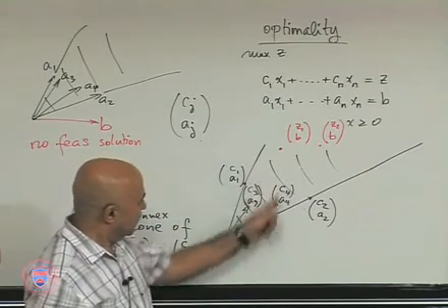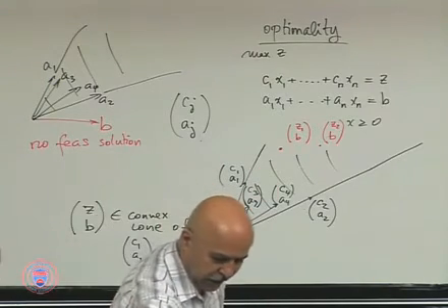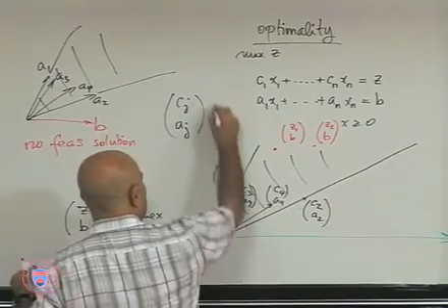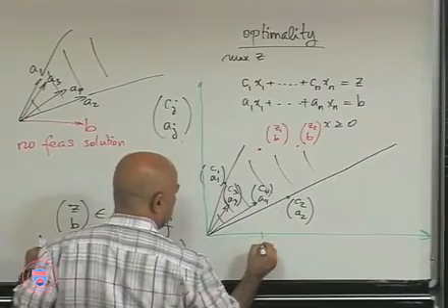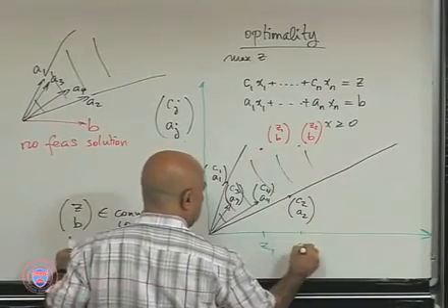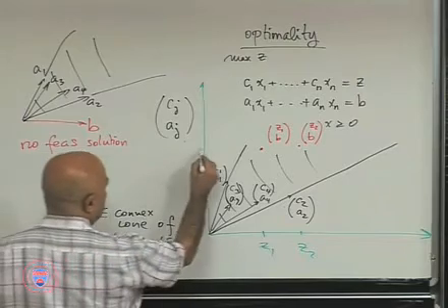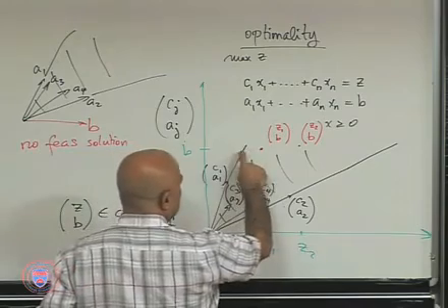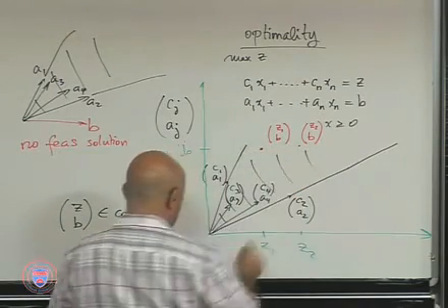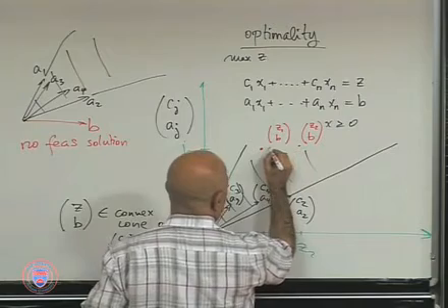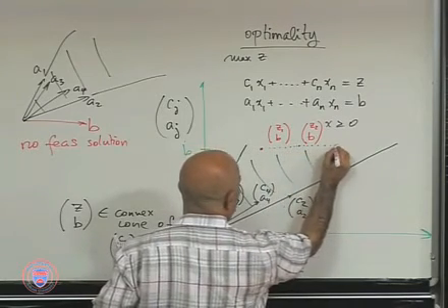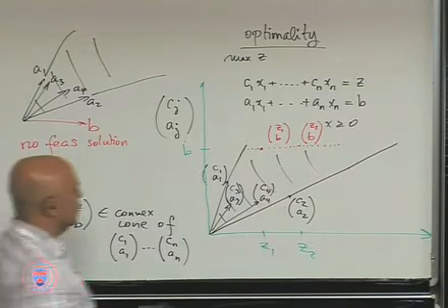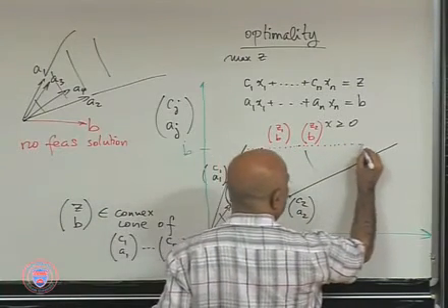Because if you imagine an axis here and another axis here, the Z1 value is here, the Z2 value is here, and this is the B value. B is just a number in this case. So when you start playing with Z, you're generating all these points here, all at the same height, all at the same B value.